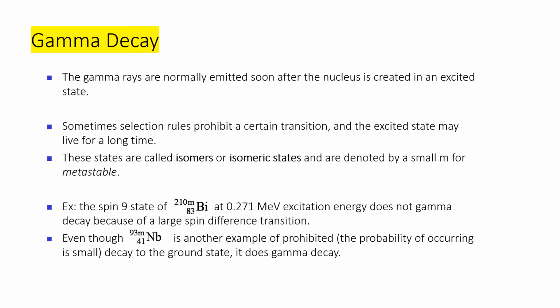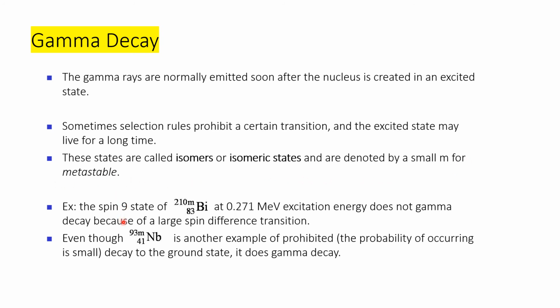The gamma rays are normally emitted soon after the nucleus is created in an excited state. Sometimes selection rules prohibit a certain transition, and the energy state may live for a long time. Those affected by the selection rule are called isomers or isomeric states, and these are denoted by a small m for metastable.